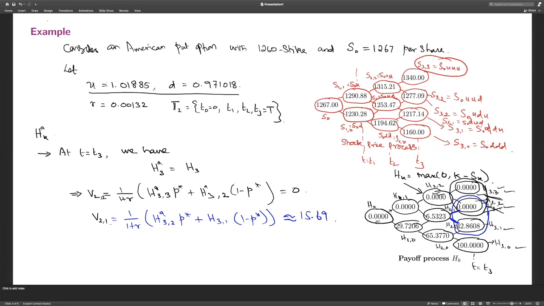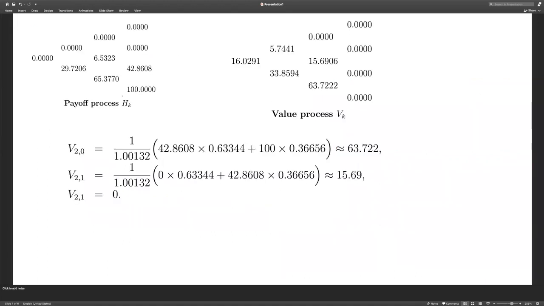And V20 is this, which you have to use these two. V20 is equal to 1 by 1 plus R into HA31, and the probability is P star plus H30, and that happens with probability 1 minus P star, and that is in my calculation approximately equal to 63.722.